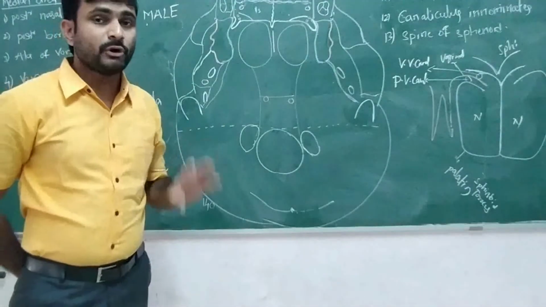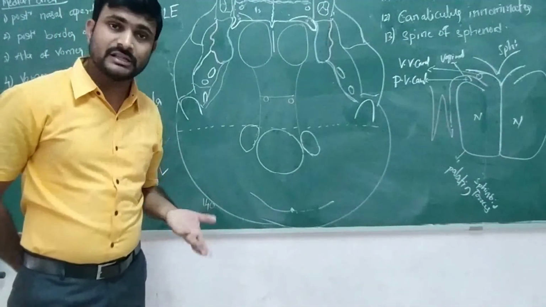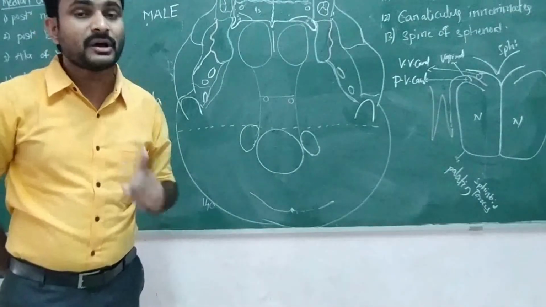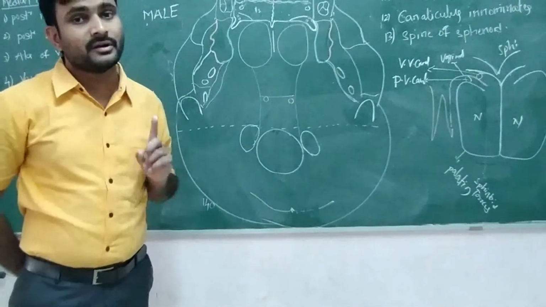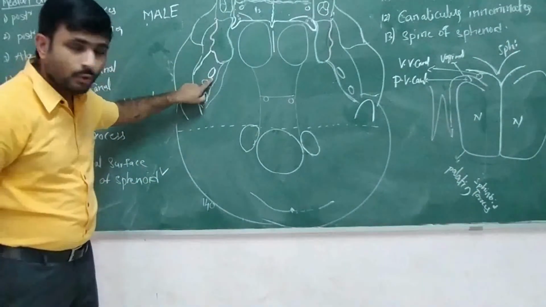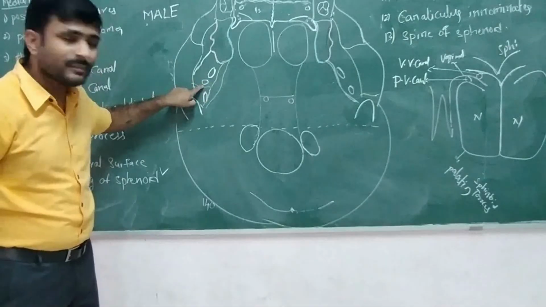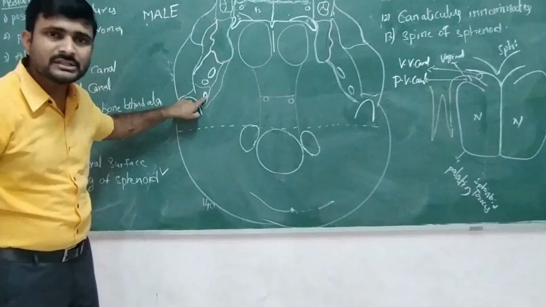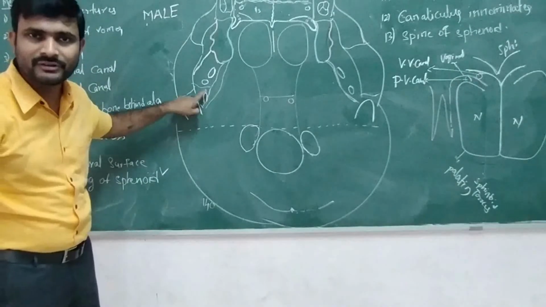So from the examination point of view, either externals or internals, they ask about all the foramina and the structures passing through them. Remember it. Okay? So this is about the foramen ovale. Then next we have the foramen spinosum. Why do we call it spinosum? Because it is near the spine of the sphenoid.